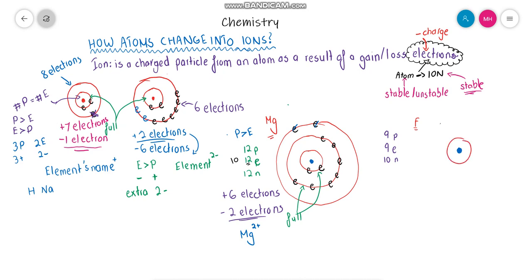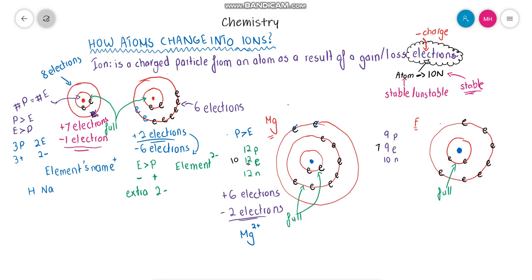The first shell takes in 2, so we are left with 7 electrons. Oops, that's too big a circle. Okay, and then the other 7 go in here: 4, 5, 6, 7.